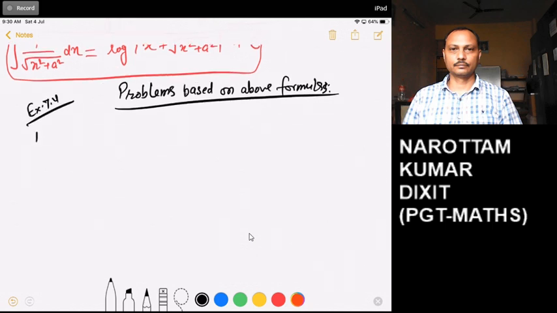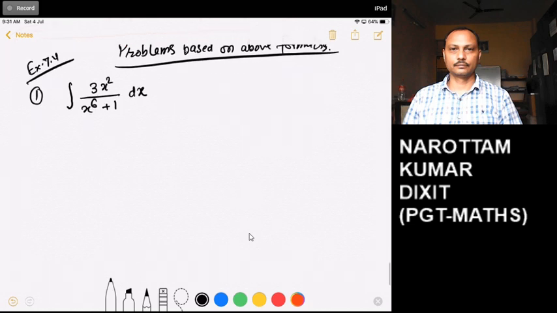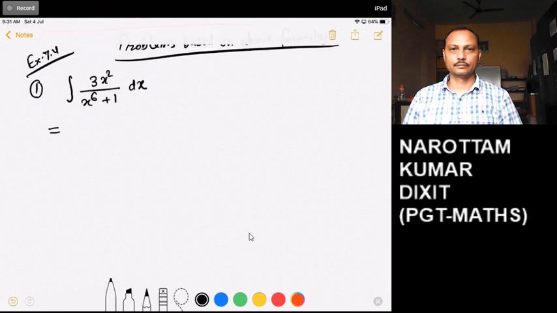The first question in the exercise is: find the integration of 3x square divided by x raised to the power 6 plus 1 with respect to x. You can see we can write this as 3x square divided by x cube square plus 1. So we can write 3x square upon the square of x cube plus 1.